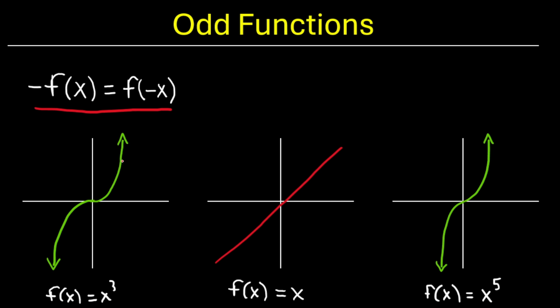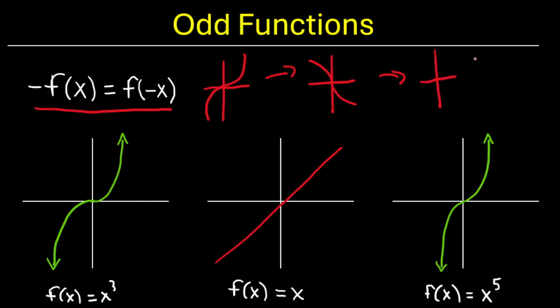Okay? It's kind of hard for me to draw, but let's look at f of x equals x cubed first. So we've got something like this, right? Now, if we rotate it 90 degrees, we'll have something like that. And if we rotate that another 90 degrees, we'll have something that looks like that, which, hey, you'll notice looks exactly like this function right here, right?